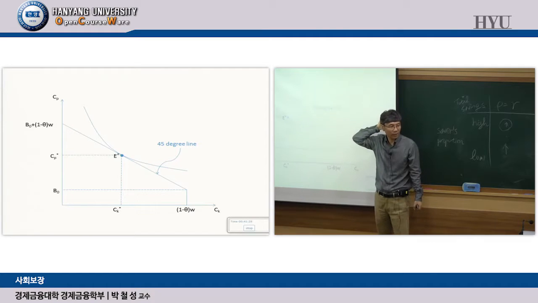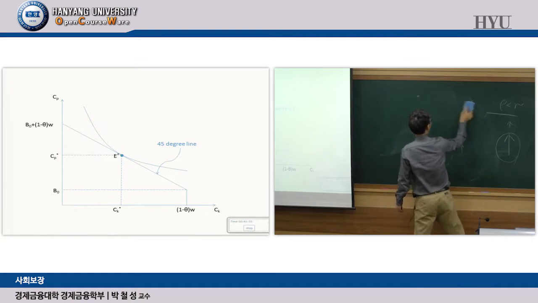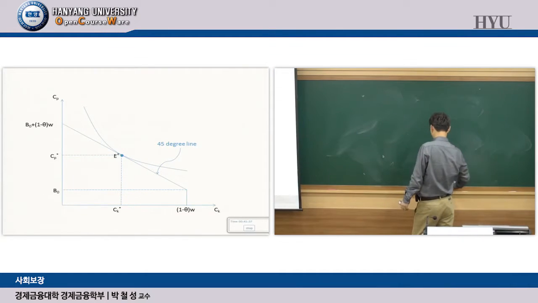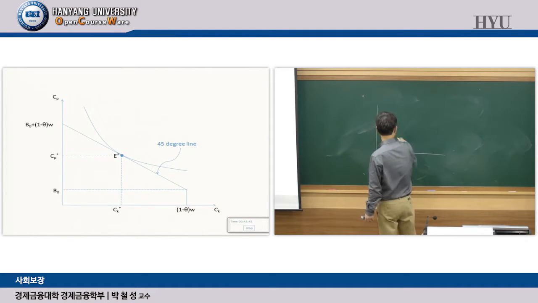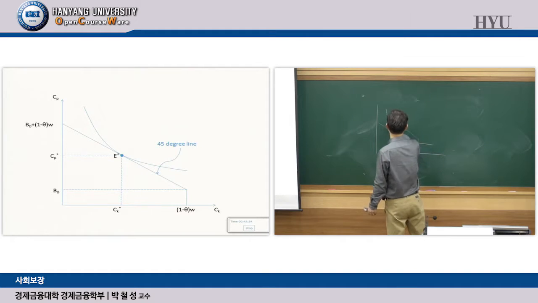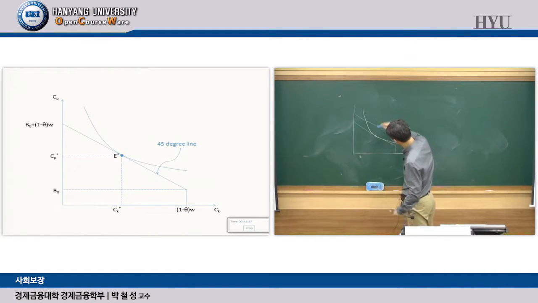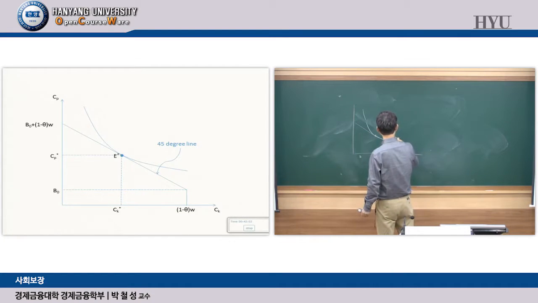The other case is if B is very, very large. We talked about this case. But it is possible that if B is large enough, something like this, make it even larger, we may have this case.